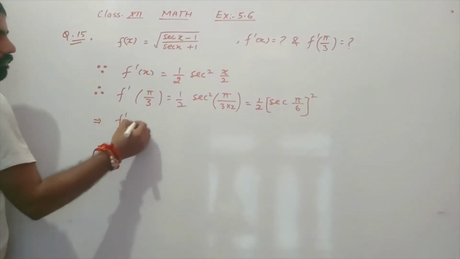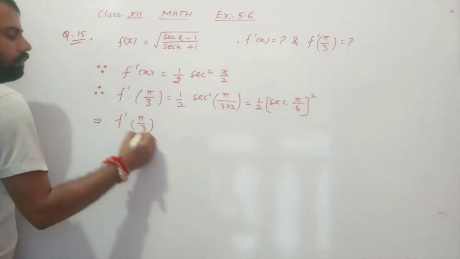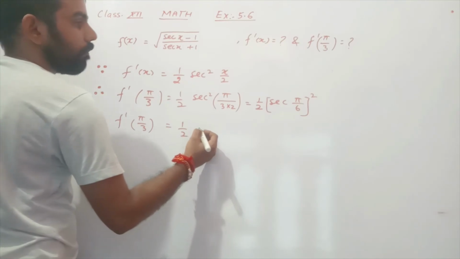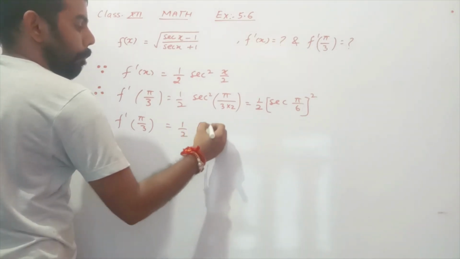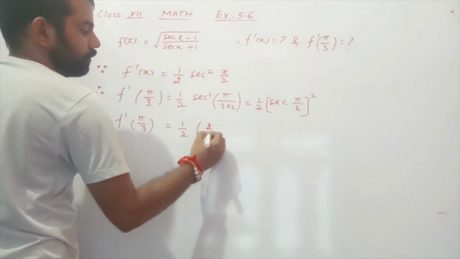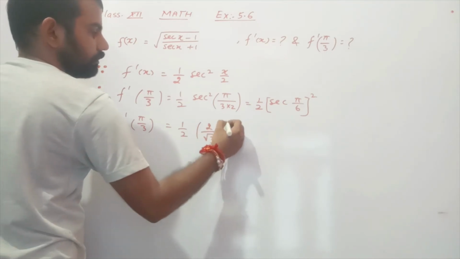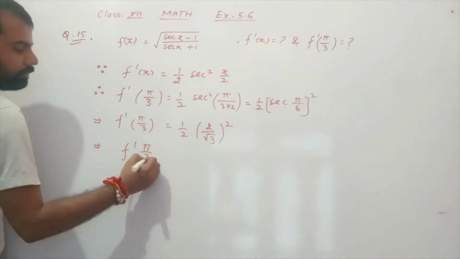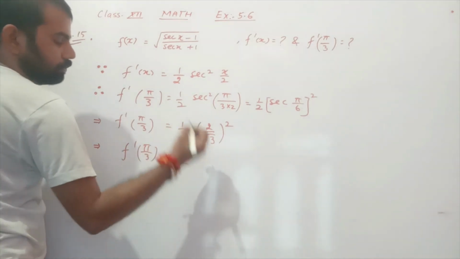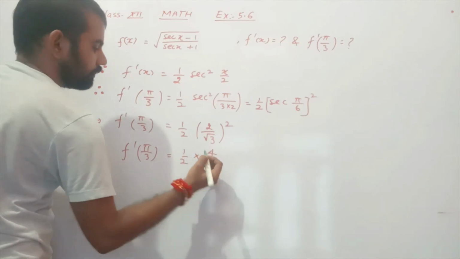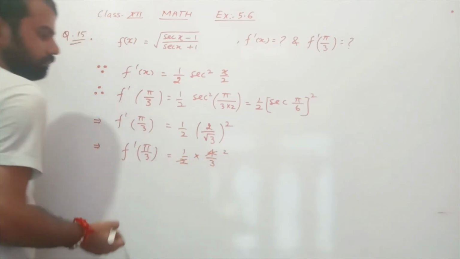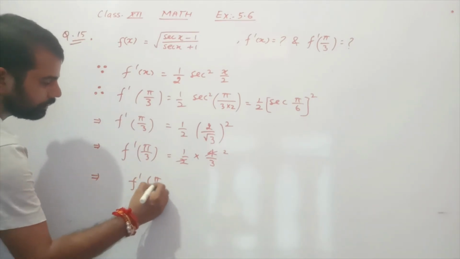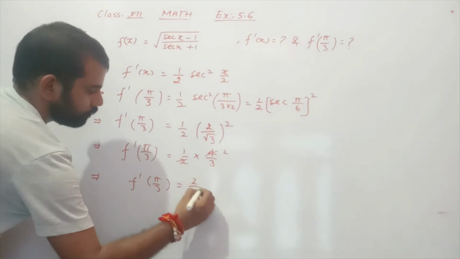This implies that f dash pi by 3 will be 1 upon 2, sec pi by 6 is 2 by root 3, this square. This step will be 1 upon 2 into 4 upon 3. 2 by 2 divide. So the final answer of f dash pi by 3 will be 2 by 3.